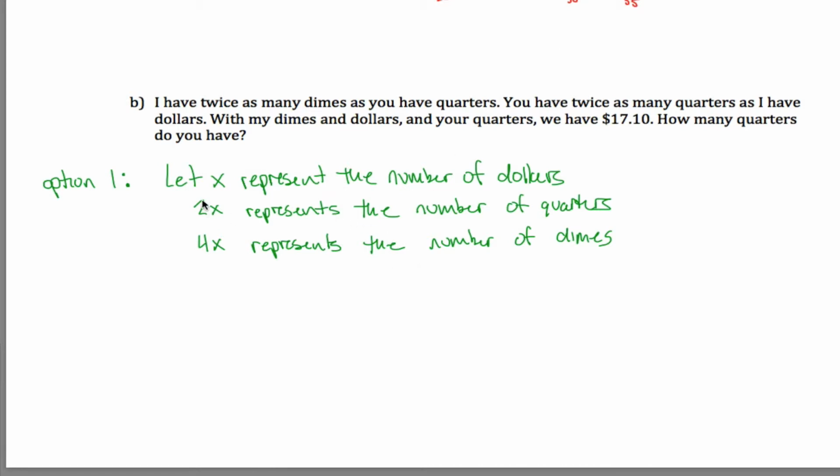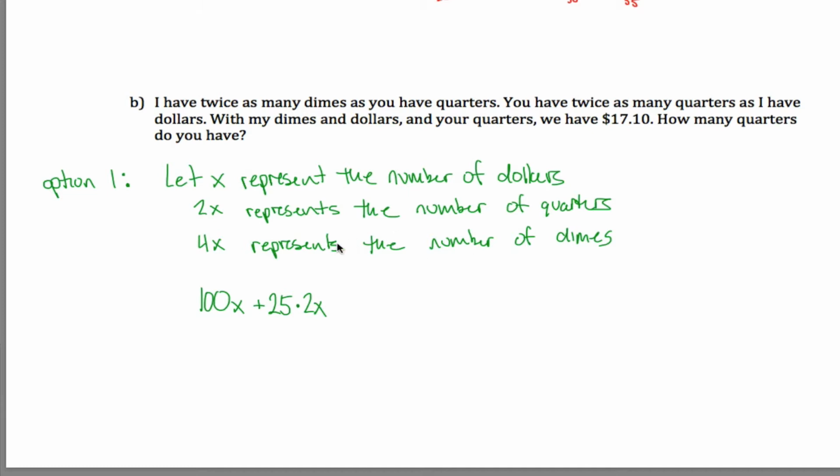So now what we can do is we can figure out how much money we have. We can take advantage of this statement right here. In order to avoid decimals, I'm going to do this in pennies. So what I mean by that is the amount of pennies I have in dollars is 100x. And the amount of pennies I have in quarters will be 25 times 2x.